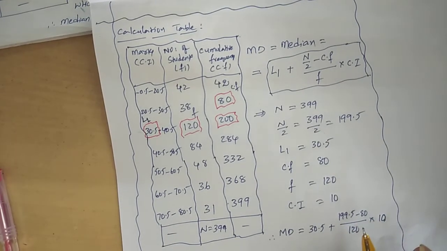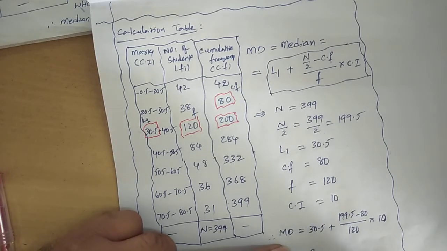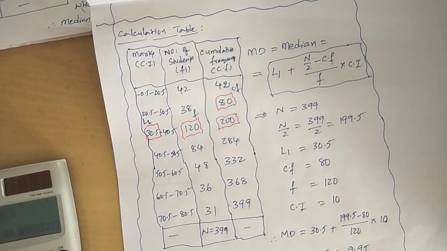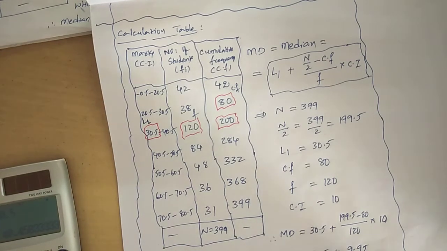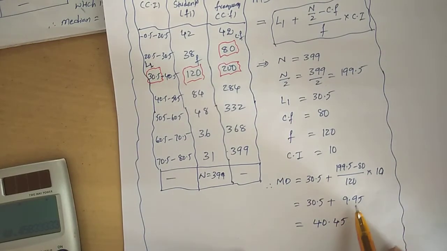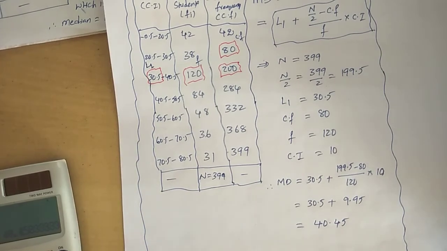After that, you go for adding. So what do you get here? 30.5 plus, on simplifying this, how much will you get? 9.95, and finally the median is going to be 40.45. This is how to calculate the median in continuous data.